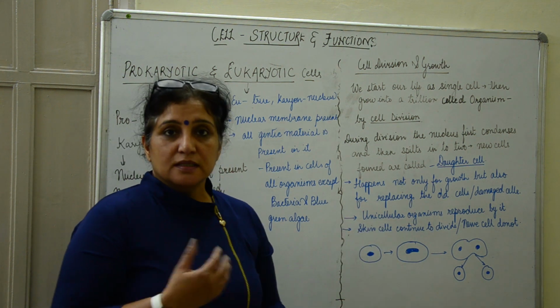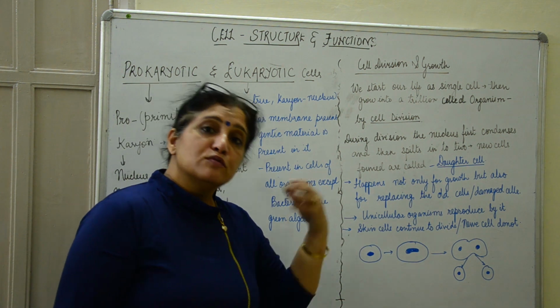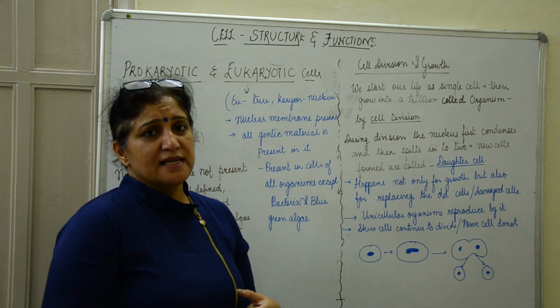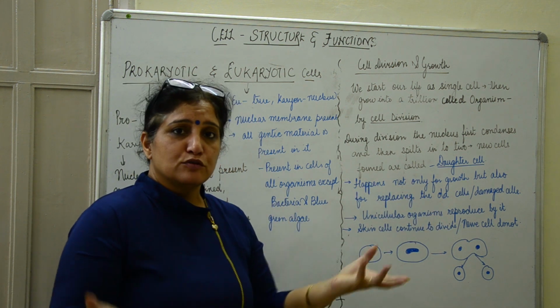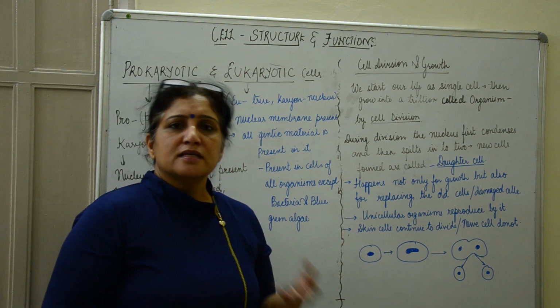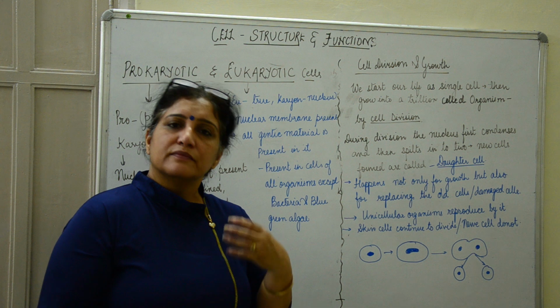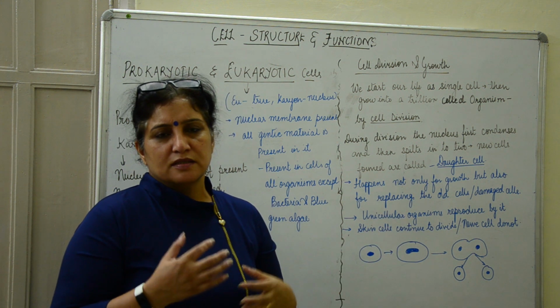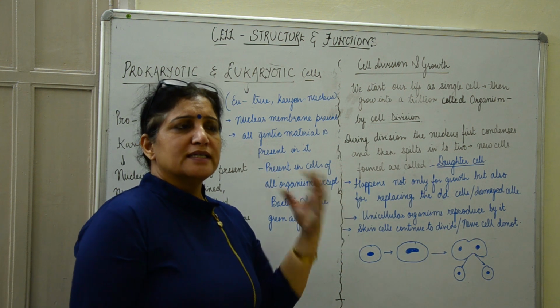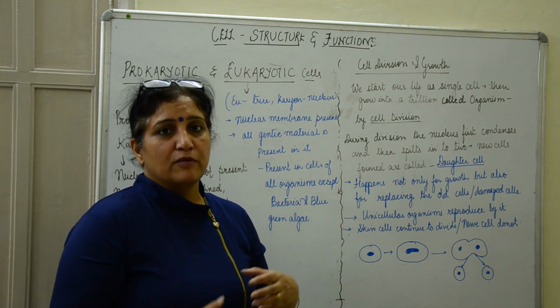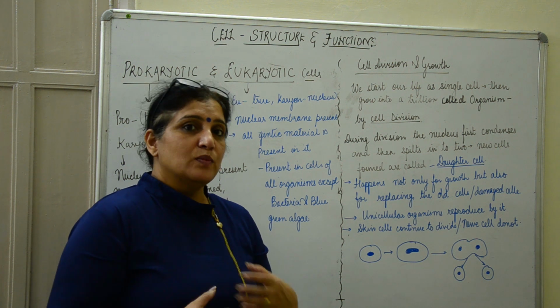Unicellular organisms reproduce by this method only, by cell division. Their complete body divides into two and their daughter cells are formed. Our skin cells continuously divide as long as we are living, and the nerve cells do not, they stop after an age. So it is specific to the cells, the functions they are performing, and how long they will keep on dividing.